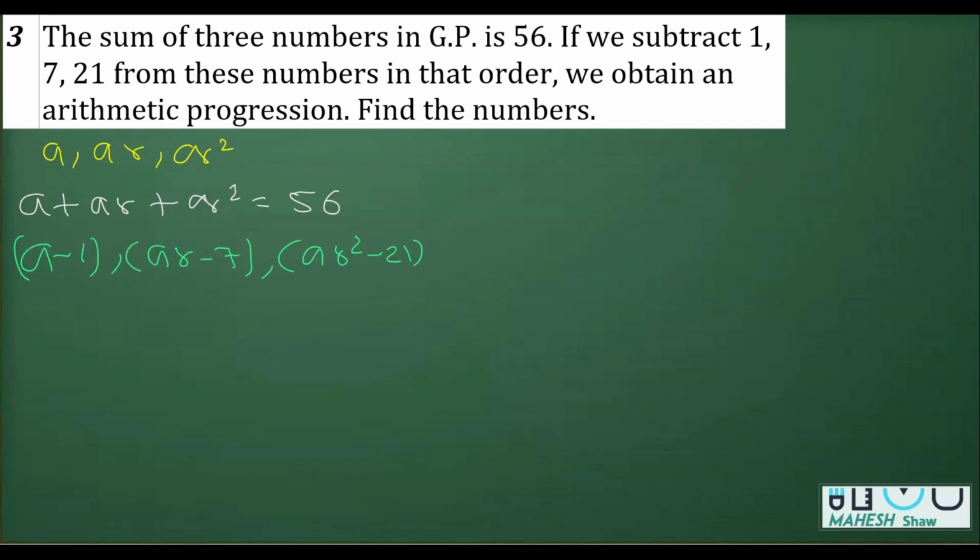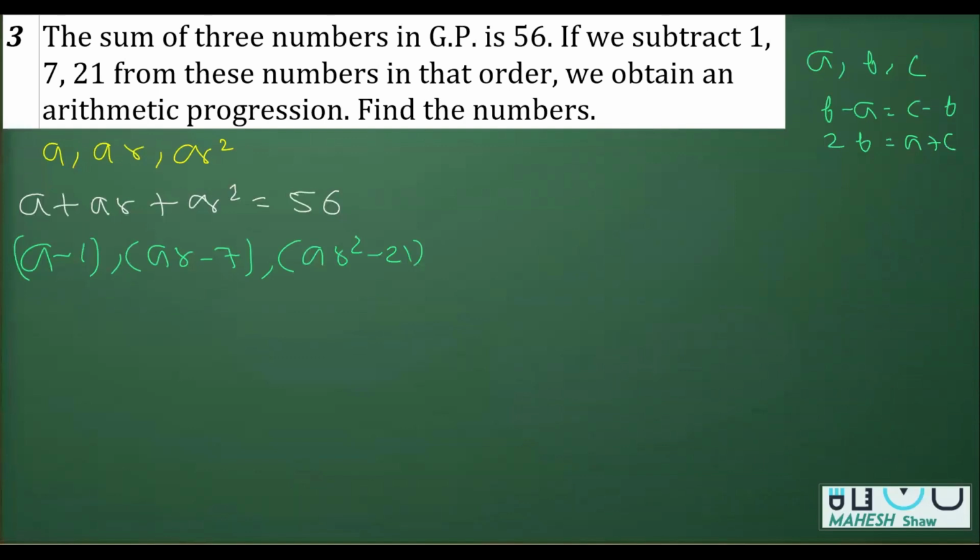What we know is that in an arithmetic progression, twice the middle term will be equal to the sum of the first and last. Let me show what I mean. If A, B, C are in AP, we know that B minus A is equal to C minus B. So this way we can say 2B is equal to A plus C. That's what I'm going to say here.